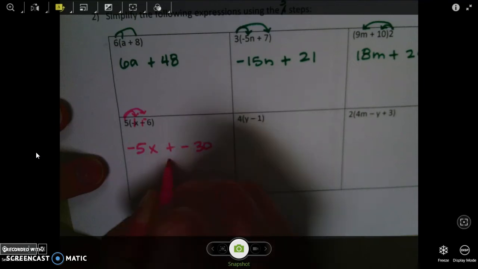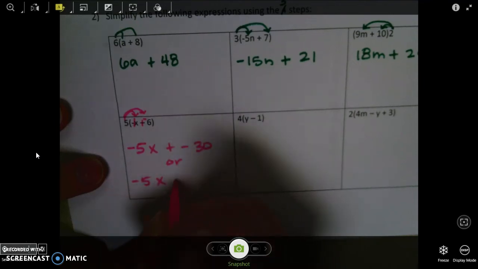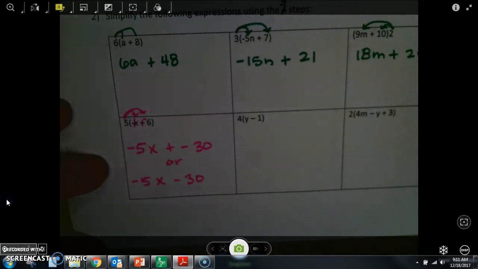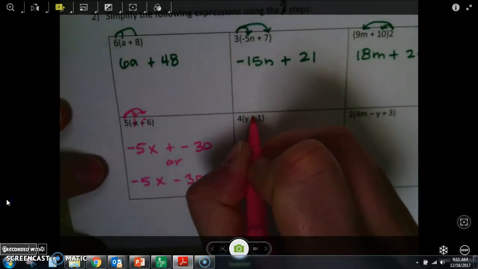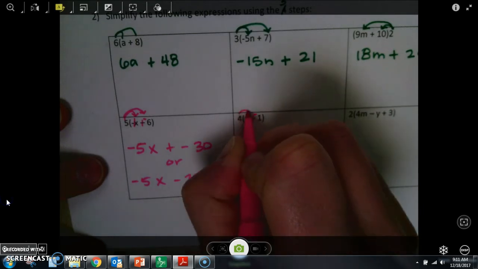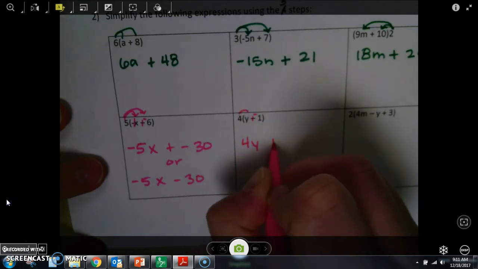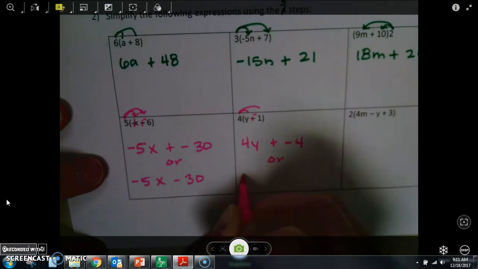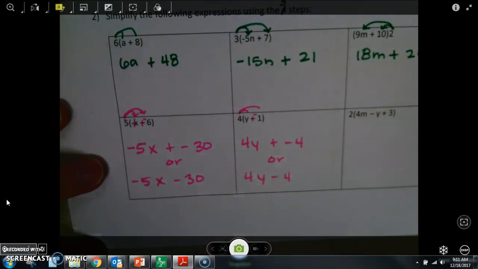So you could write it like this, or you could say negative 5x minus 30. Next one, I have a minus sign, so I'm going to change it to adding negative 1. So 4 times y is 4y, 4 times negative 1 is negative 4, or I could say 4y minus 4.